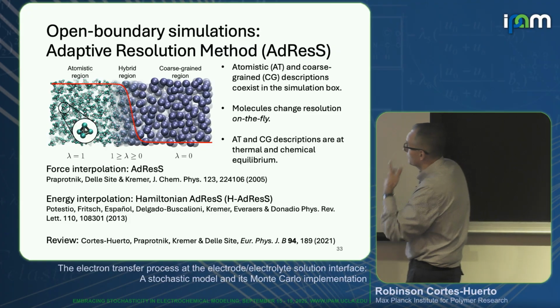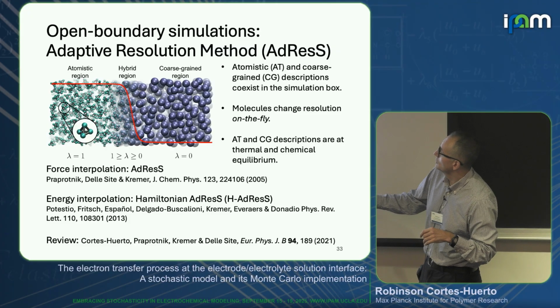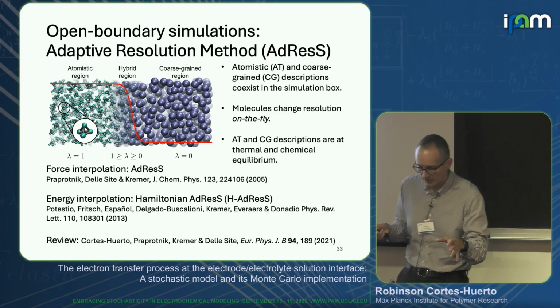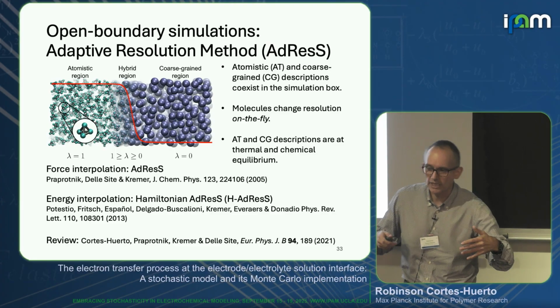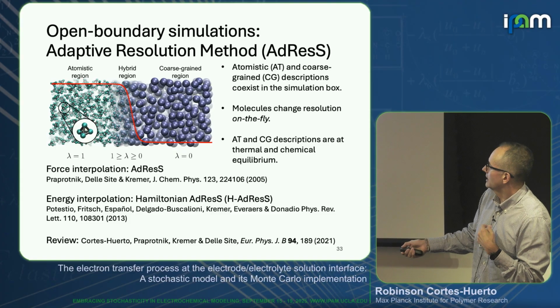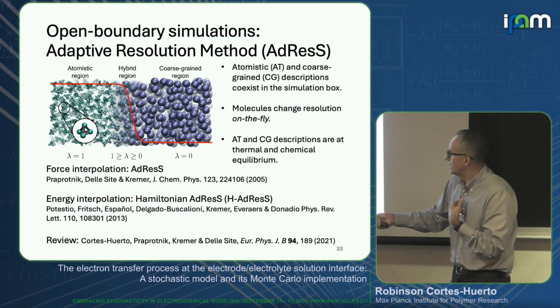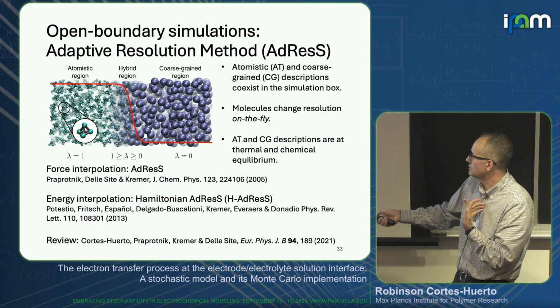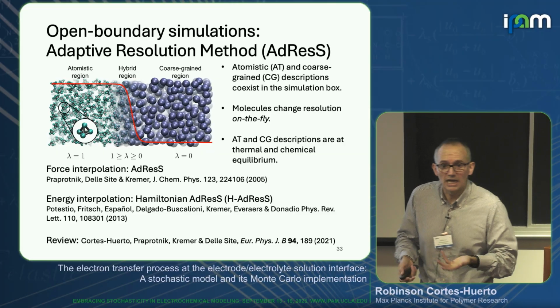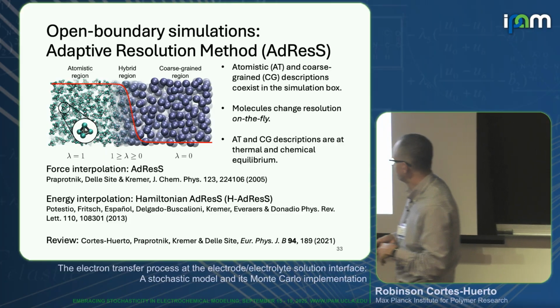The first realization of this model was based on force interpolation. That means particles here feel a bit of coarse-grained force and a bit of atomistic force. There is another variant of this model in which you interpolate energies. This is the one that I will discuss because with this one you can write a Hamiltonian for the system. And if you want to do statistical mechanics, it's better to have a Hamiltonian.